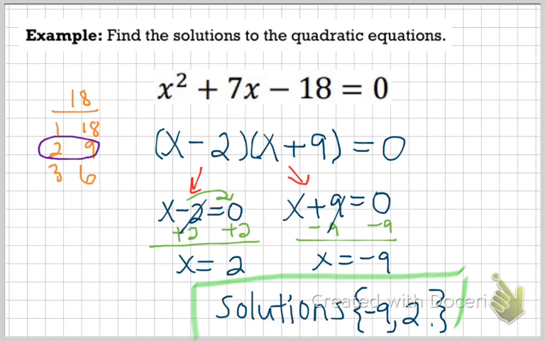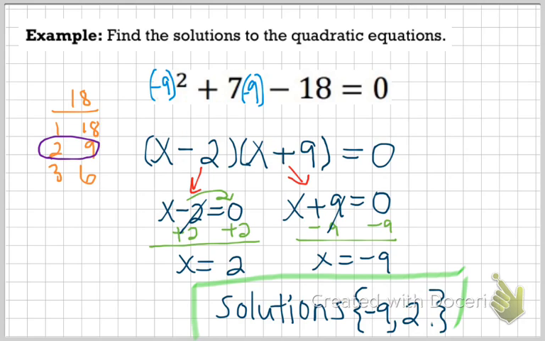Now there is a way to check if these two solutions are correct, if you did this correctly. So what I'm going to do is use substitution. In place of every x, I'm going to substitute the negative 9. So I'm going to substitute it here, and I'm going to substitute it here. Okay, so here we get negative 9 squared is negative 9 times negative 9 is 81.